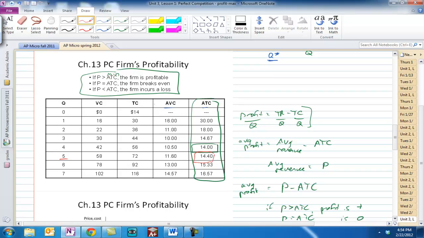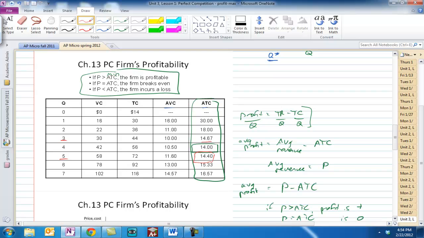So the price was greater than the average total cost. It was also greater than the minimum average total cost. And then when the price was $10, the quantity we produced was 3. The average total cost was $14.67. $14.67 is greater than 10, so price was less than average total cost, and therefore the firm was incurring a loss.